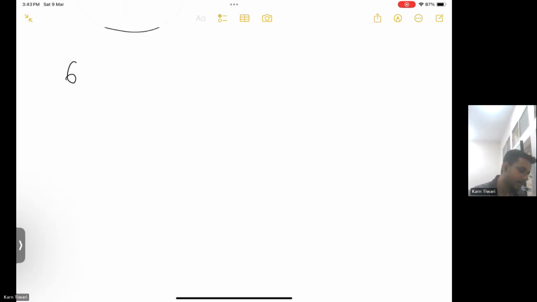I rotated it, and it becomes something like this, a 9. I did a 180-degree flip. What I want is to classify this properly.